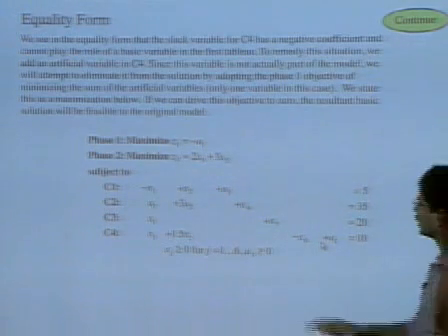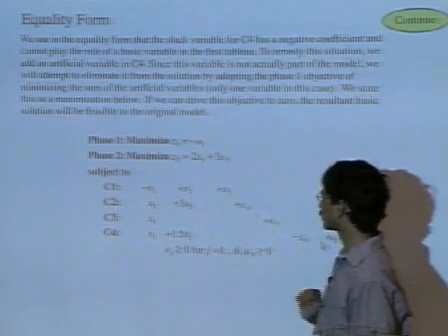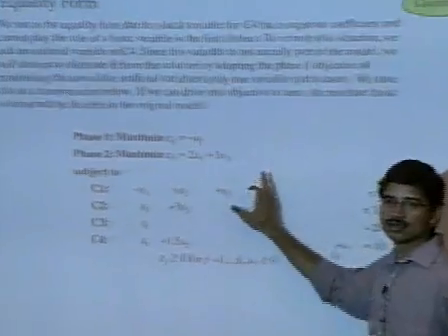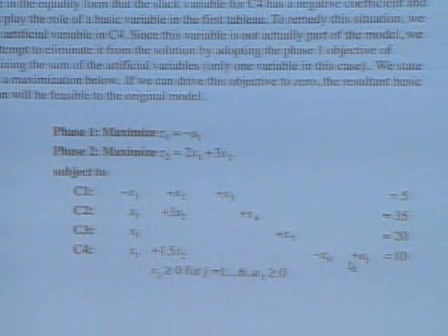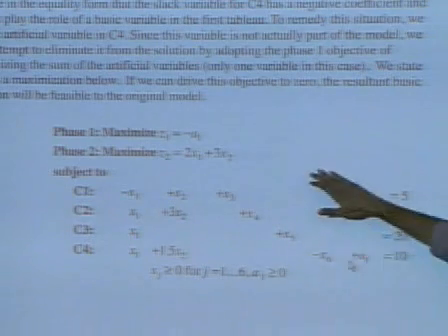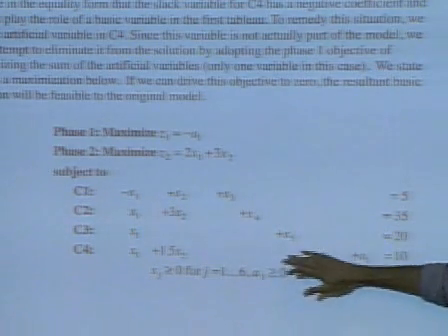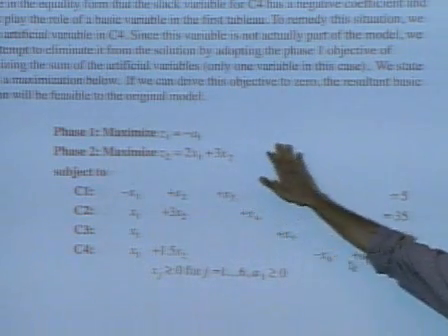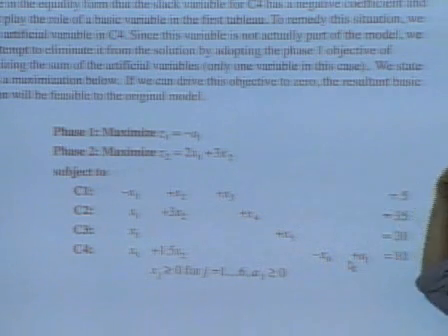I want to maximize 2x1 plus 3x2, and I'm going to do minus 10 million times A1. So I'm going to solve this problem, except that my objective function is 2x1 plus 3x2 minus 10 million A1. So what do you think would happen?